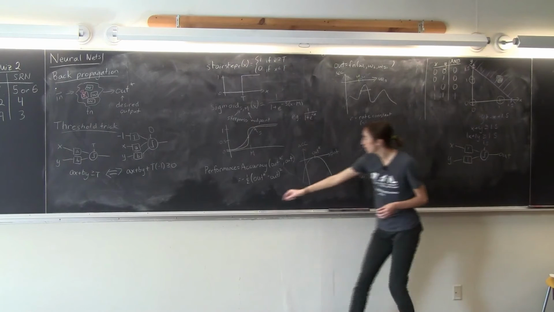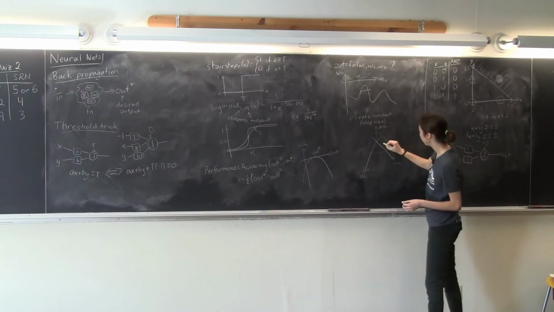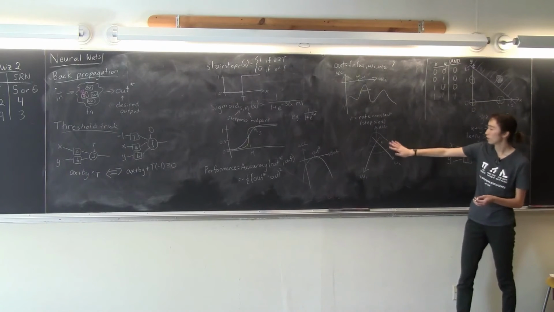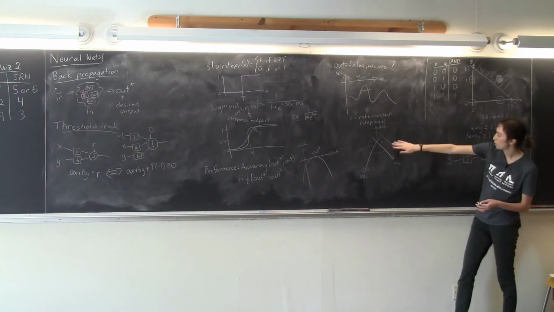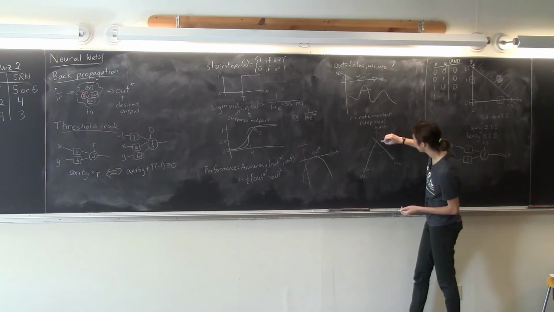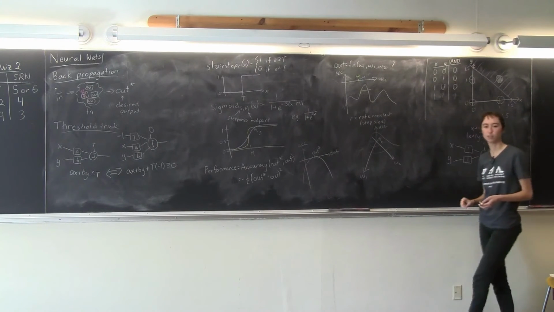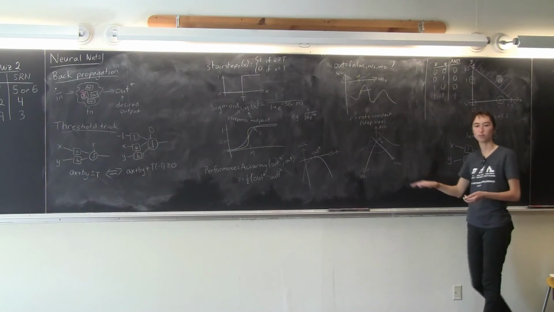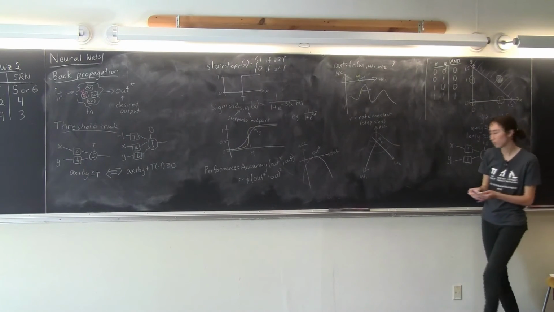And if we're at some point on the surface, like say right here, then we can look at the gradient of the surface and figure out, oh, we should adjust the weight so that we go that way to go up this hill. So we're basically just hill climbing, and that would tell us how much we should adjust weight 1 and how much we should adjust weight 2.